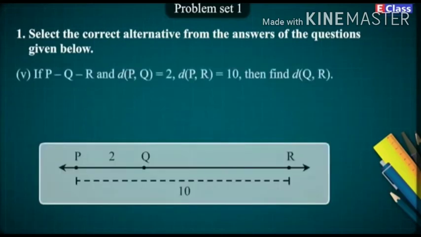If P-Q-R and PQ = 2, PR = 10, then find QR. A. 12. B. 8. C. square root of 96. D. 20. Answer: B.